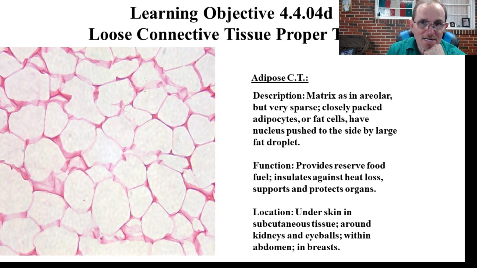These are adipocytes. This is adipose connective tissue. It looks a lot, I know, like simple squamous epithelium. It's not. Simple squamous epithelium is a ring made up of multiple cells. That's just one cell right there. There's the nucleus right there.